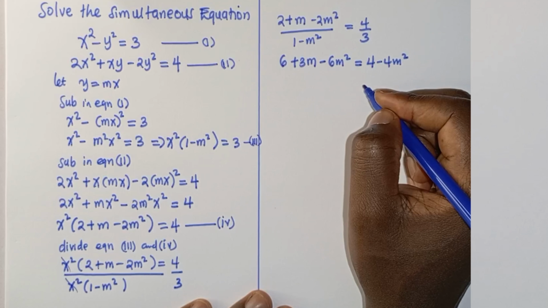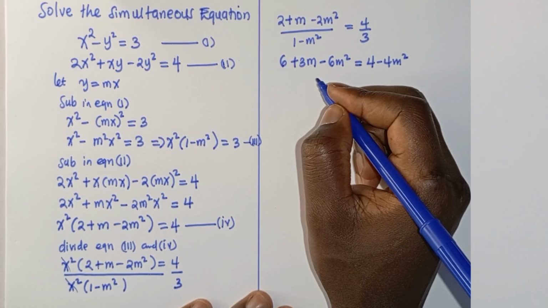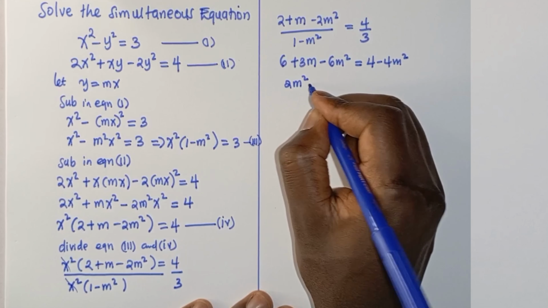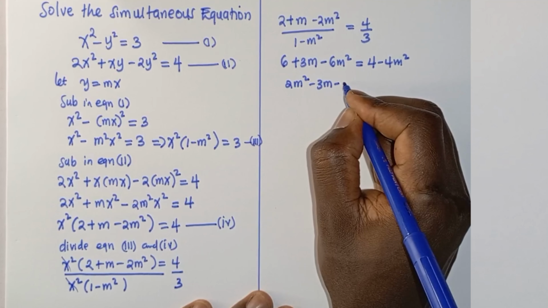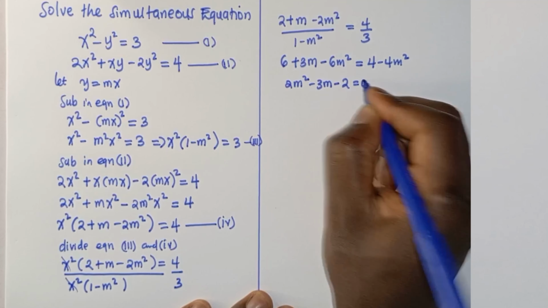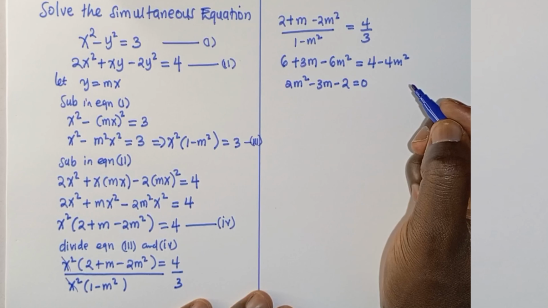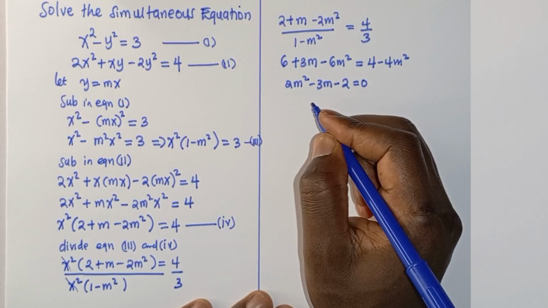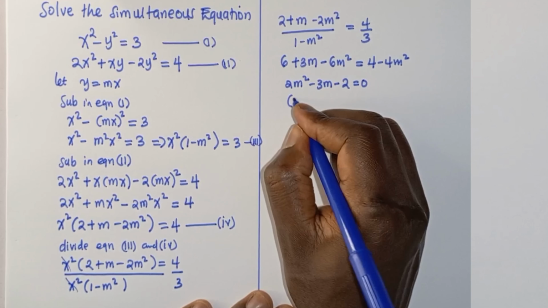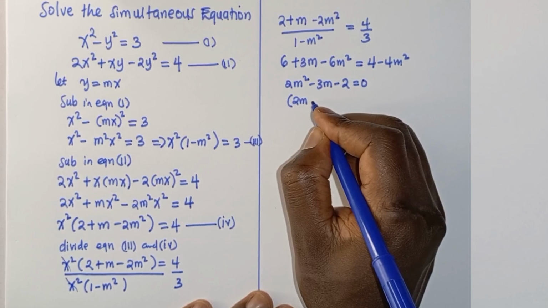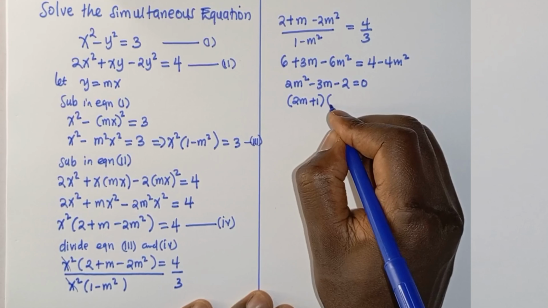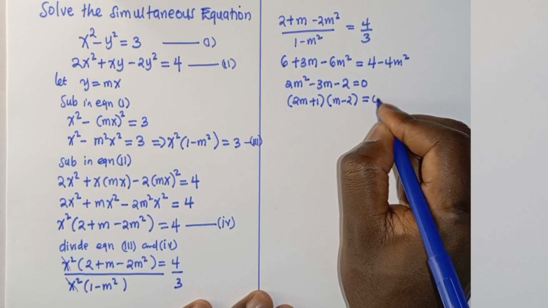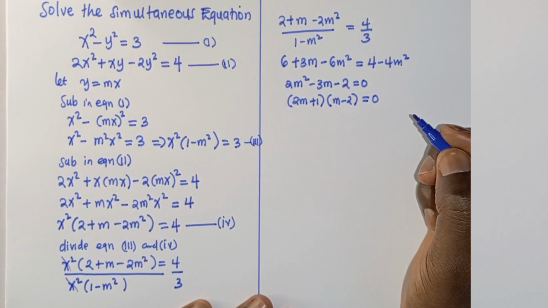Now doing the simplification, collecting like terms together, we end up having 2m square minus 3m minus 2 is equal to 0. So using any method to solve a quadratic equation, in this case using a simple one, factorization, we shall have 2m plus 1 into m minus 2 is equal to 0.